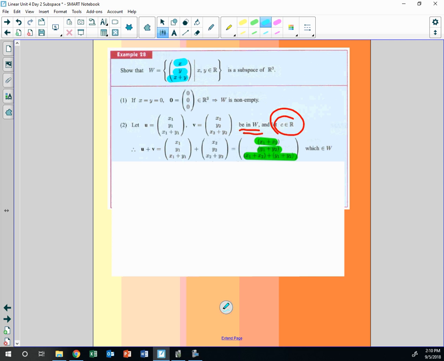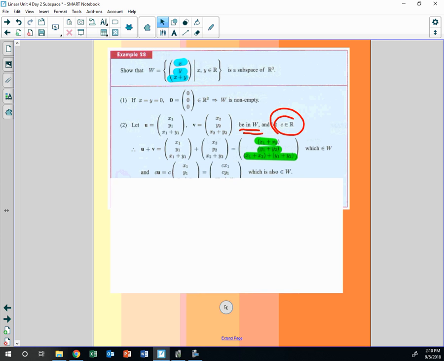Is that the same form? It is. These variables compare to this one, these to this one, and these 2 paired up give you those 2. So the addition part and the non-empty part, accomplished. Mission accomplished.